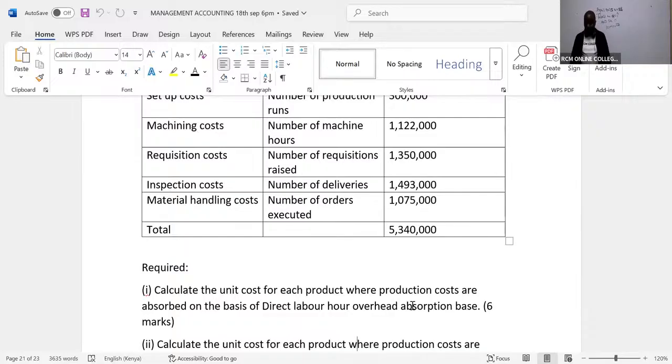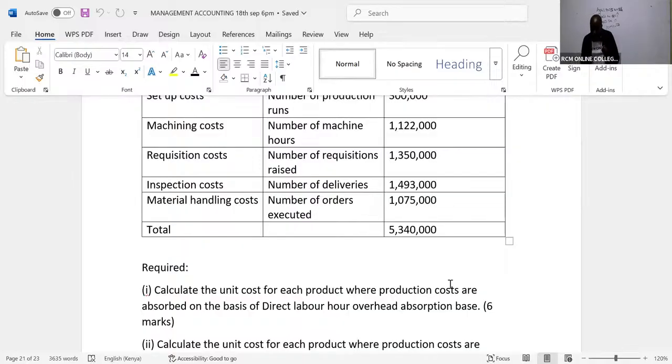So Requirement 1 doesn't want us to use ABC. Requirement 1, they want us to calculate the cost per unit for each product where production costs are absorbed on the direct labor hour basis. 6 marks. Now, you see, ladies and gentlemen, even before we introduce this activity-based costing, there is a big difference between activity-based costing and our traditional method.